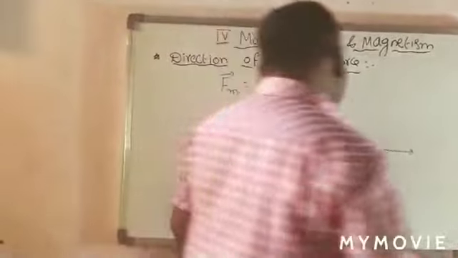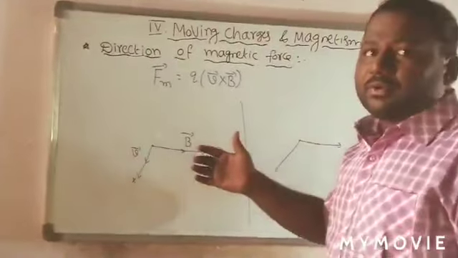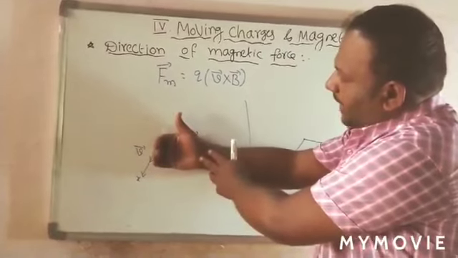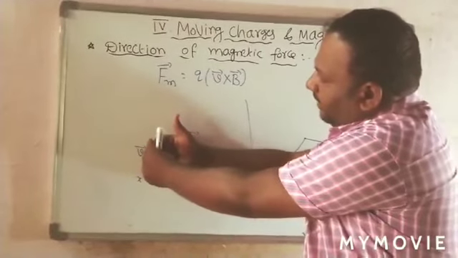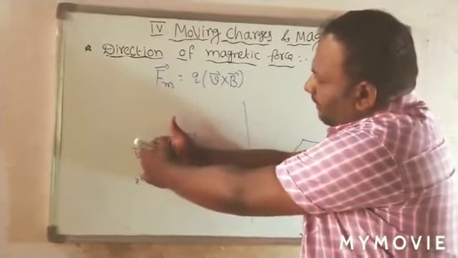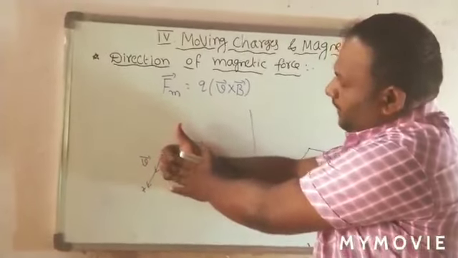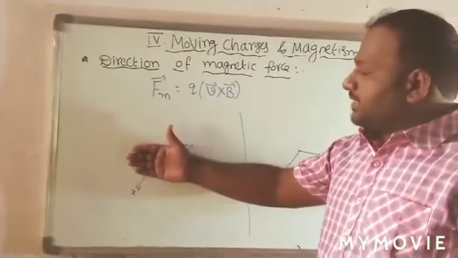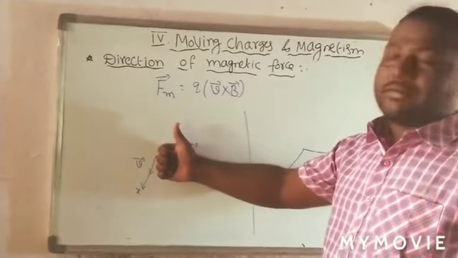Here how we are going to apply our right hand thumb rule is, see here, I keep my hand like this and I curl my fingers from the velocity vector to the field vector. Always remember, the curling of the fingers is from velocity to field vector.